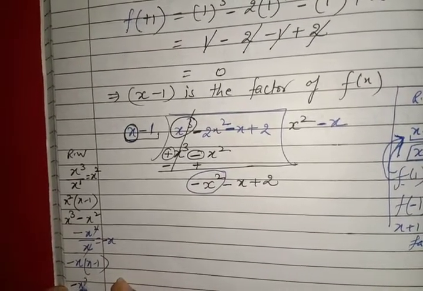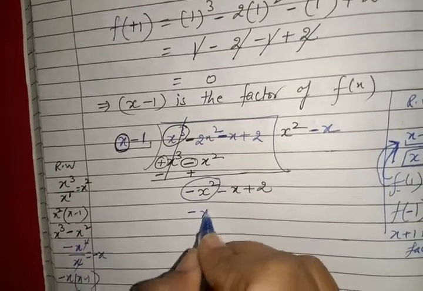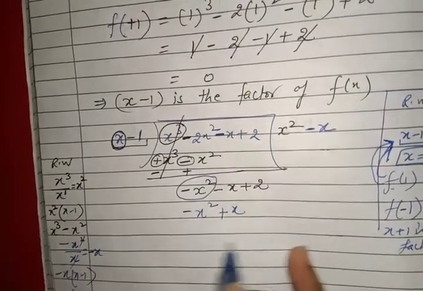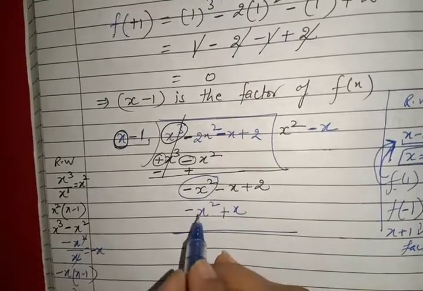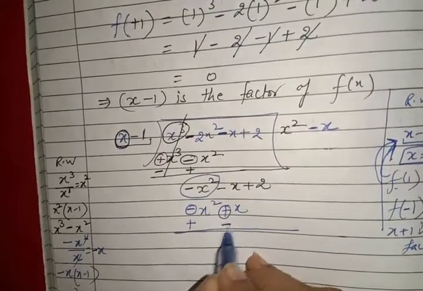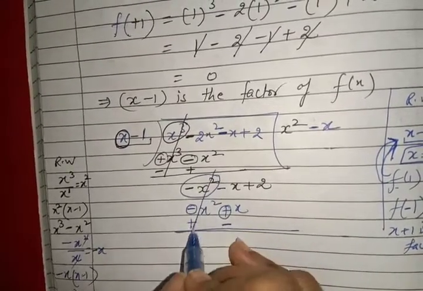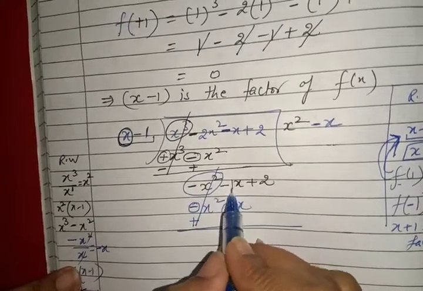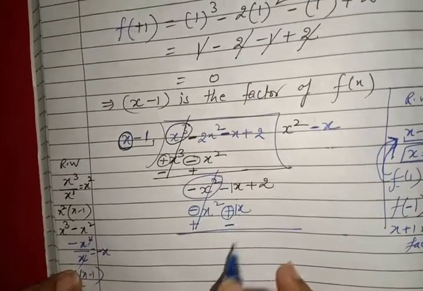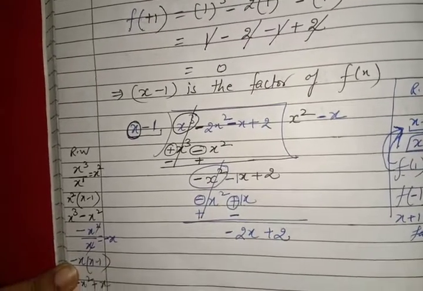It is minus x square plus x. Then again sign change. This minus will become plus and this plus will become minus. Minus x square plus x square cancelled. Minus x minus x will be minus 2x plus 2.